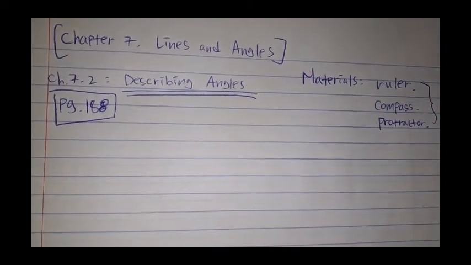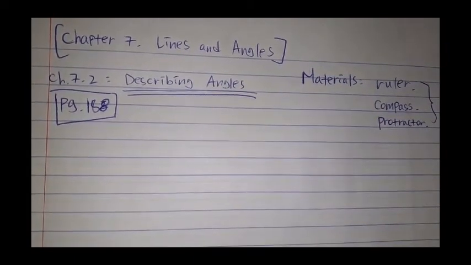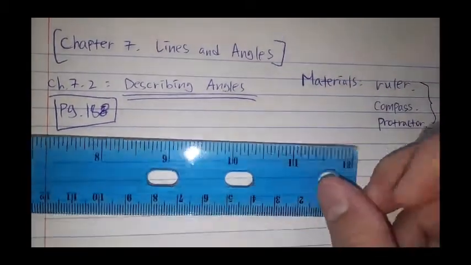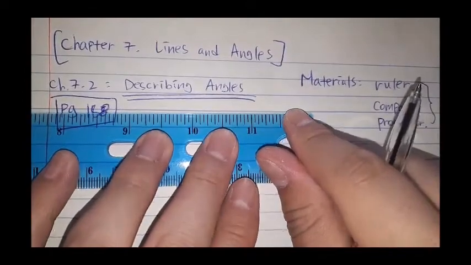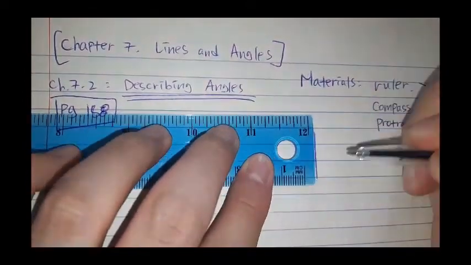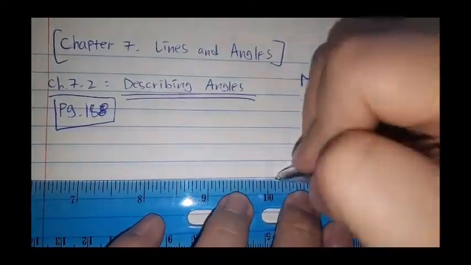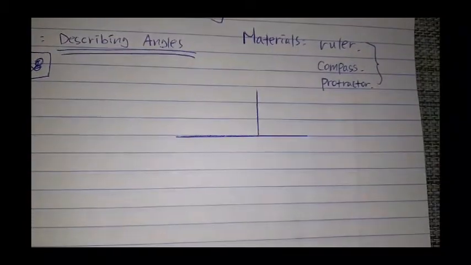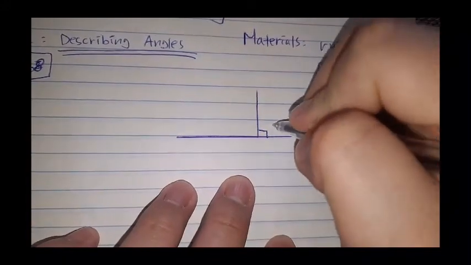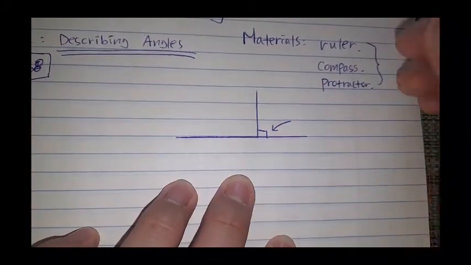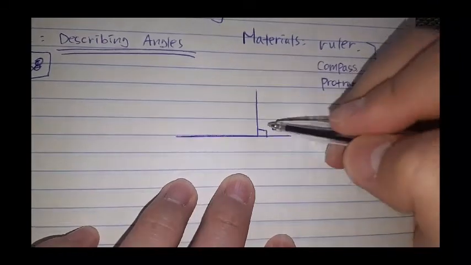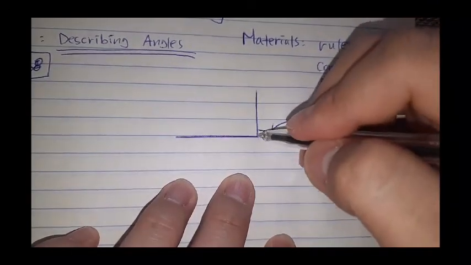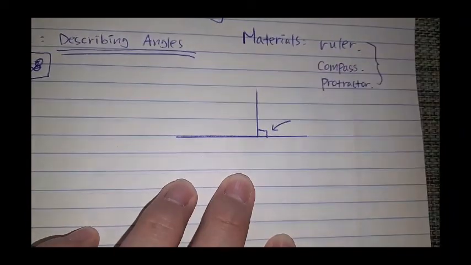First of all, we need to review some of the basic angles. Like when people say perpendicular, and I'm going to use my ruler over here. A perpendicular angle is generally written as a square, so you should see a square or rectangle.